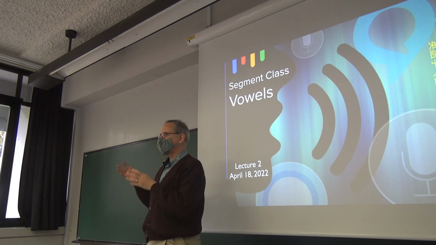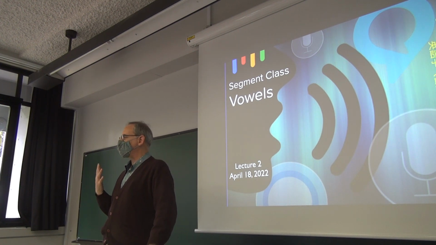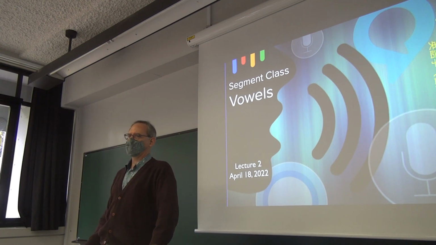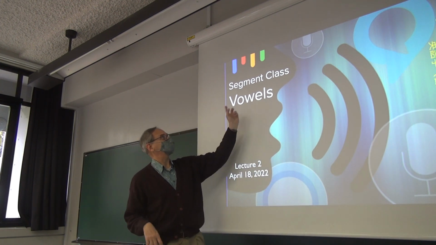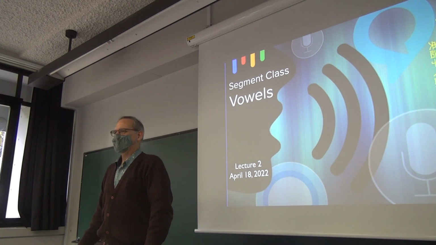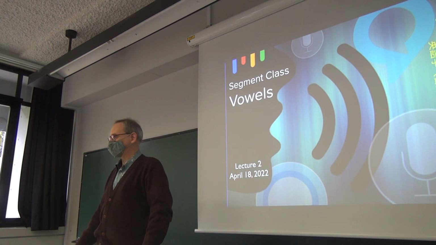And we're going to go step by step through each of 5 segment classes. I introduced all 5 of them last week, but we're going to go through them in a little more detail, starting today with the segment class of vowels. And then next week, we'll look at glides, liquids, and the following week, nasals and obstruents.